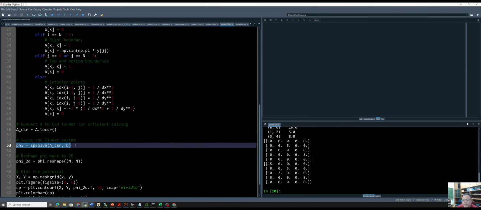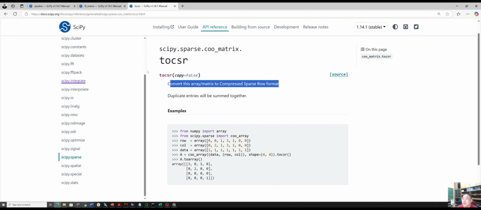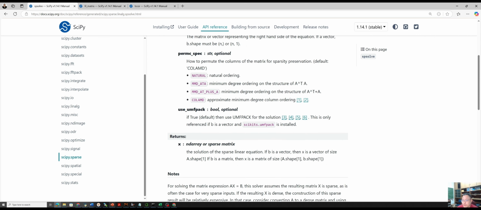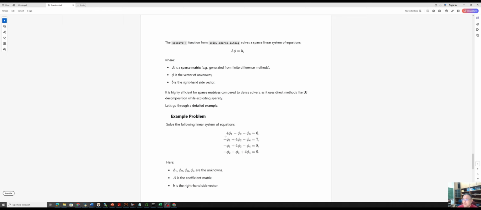Then I use spsolve to find my solution. Okay, solve the sparse linear system of AX equal to B, where B is the vector. So you can solve your equation. So you have this matrix equation. It can decompose into a linear system of equations.